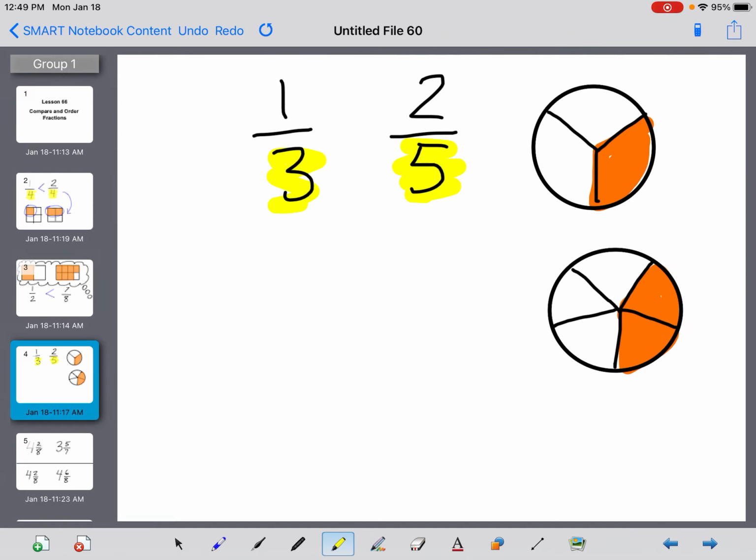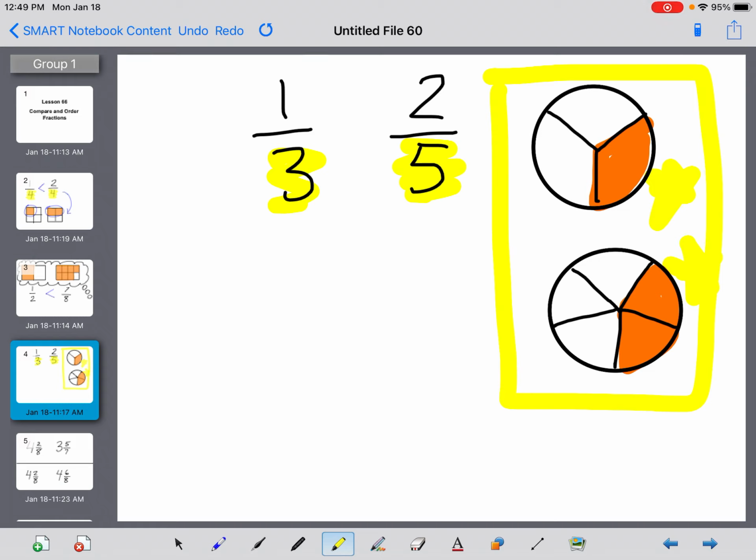You'll see here I have drawn pictures of 1/3 and 2/5, and the amounts are pretty similar. Whenever you're drawing a model, there's always a chance that you've drawn your sections a little bit too big or a little bit too small, so you can't always rely on the models to show you the correct answer. So we have here two very similar fractions.